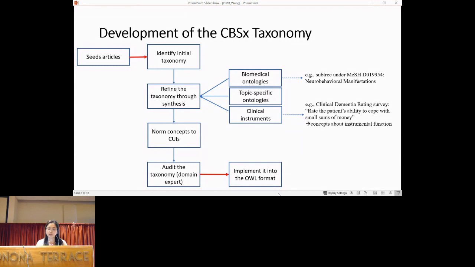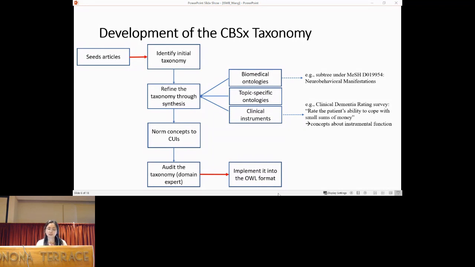After that, we normalized these concepts to UMLS, the Unified Medical Language System. CUI is the concept unique ID, so we normalize each concept to a specific code. We also aligned this code to the different ontologies we used so that they are cross-referenced and linked together.